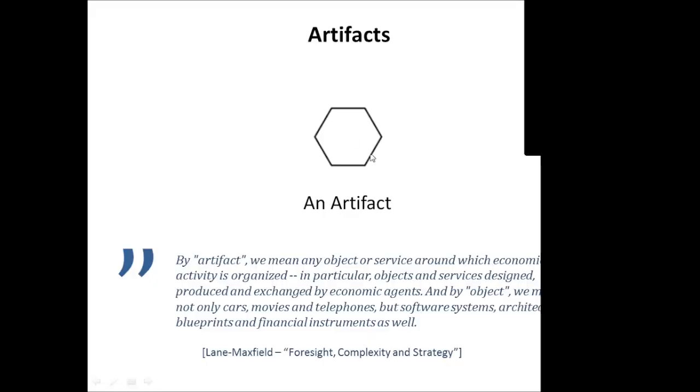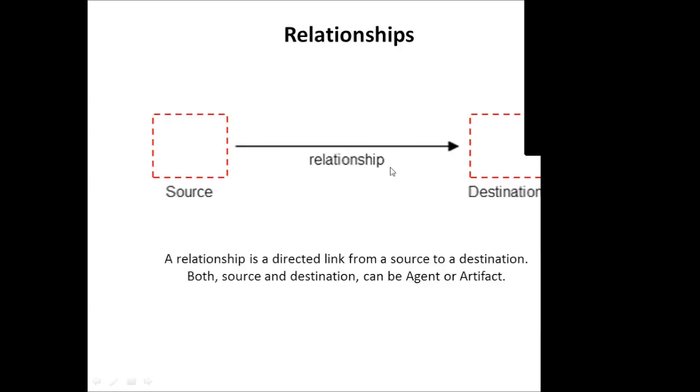Then we have artifacts that are represented by this kind of, let's say, rock. That is the artifact. And we have relationships that can link together a source and a destination that can be an agent or two agents or an agent and an artifact in any combination.